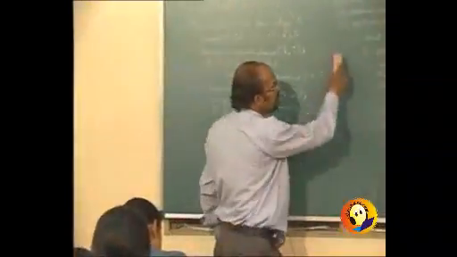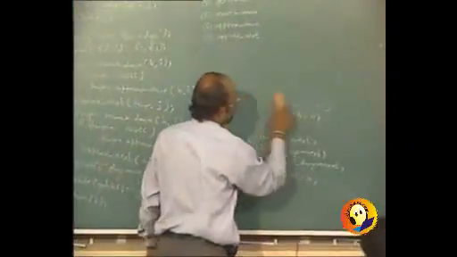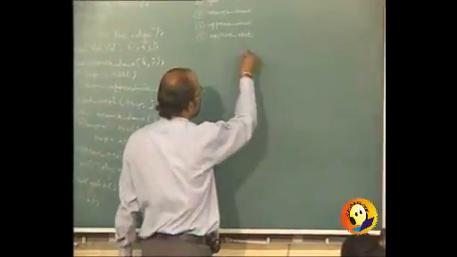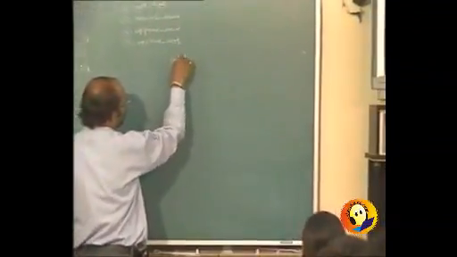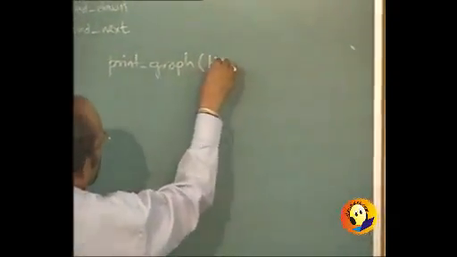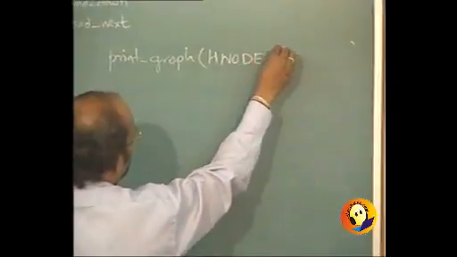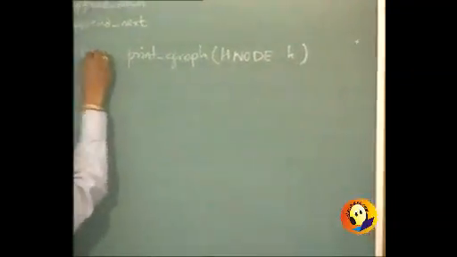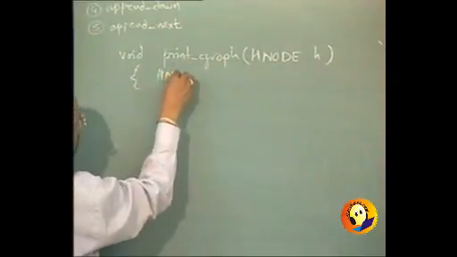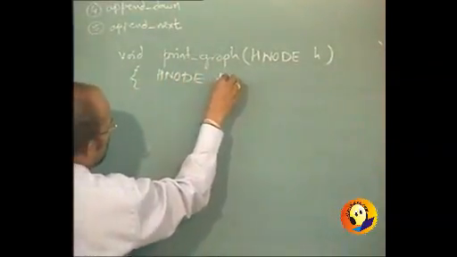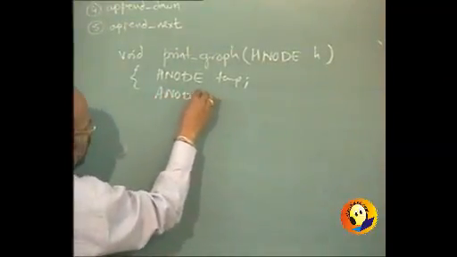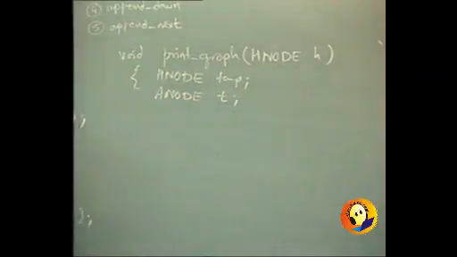One simple function, that is to print the graph. I will require H node types temp and A node types T to travel horizontally.